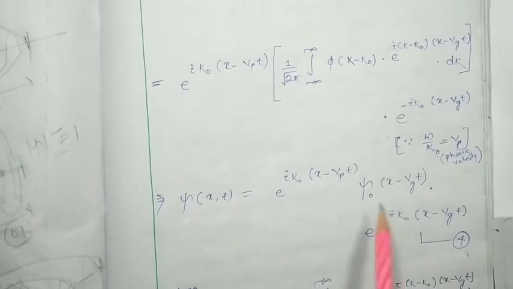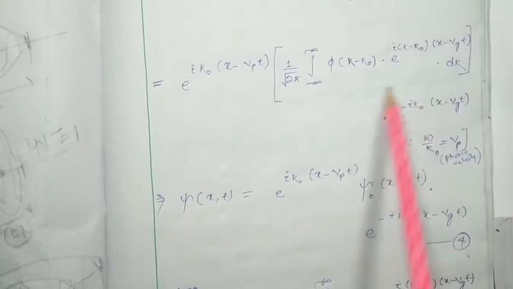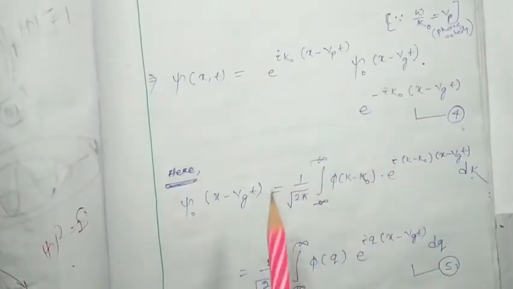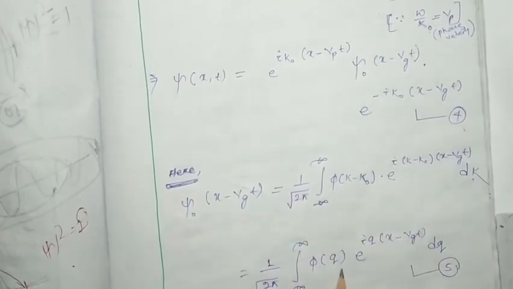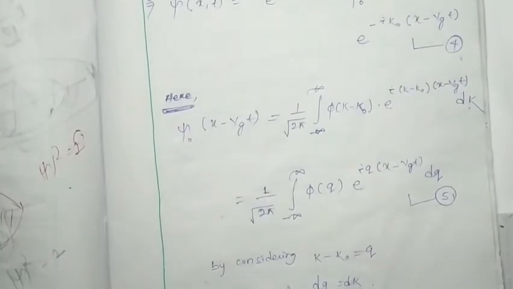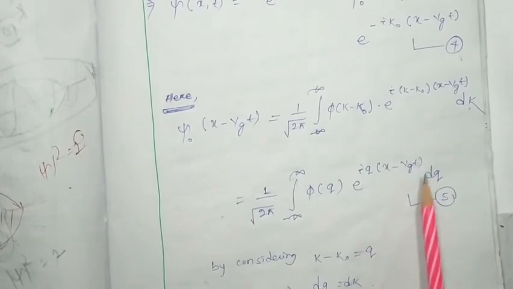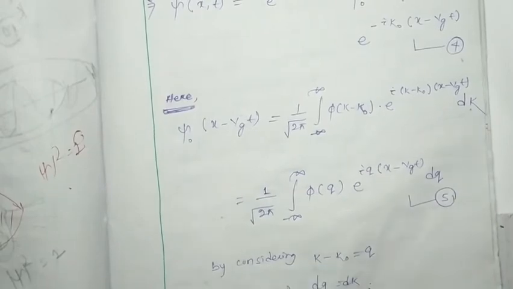Here psi0(x minus Vg t) is nothing but this value, or it can be written as the integral of phi(q) e to the power i q (x minus Vg t) dq, considering k minus k0 as q and dq equal to dk.